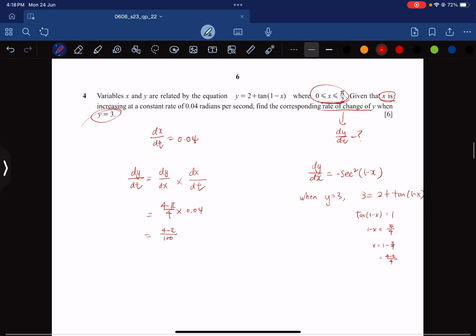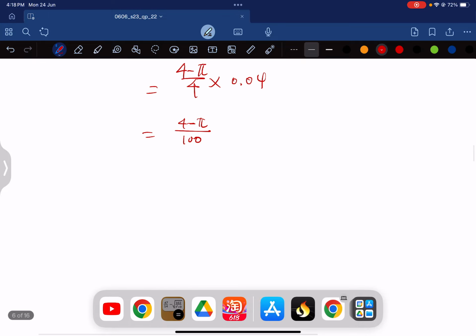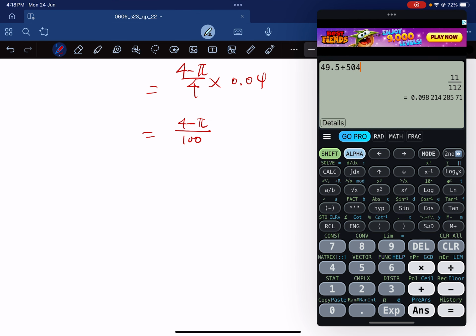Yeah, so I guess this is the answer. You can write it in decimal form, it doesn't matter. You can use your calculator and give the decimal answer. Let's take a look at what the decimal answer should be: 4 minus pi, divided by 100.